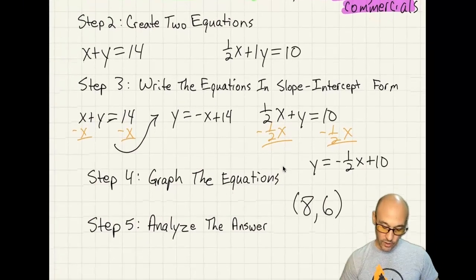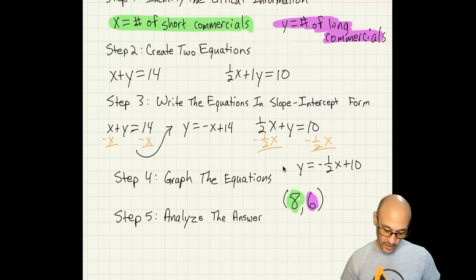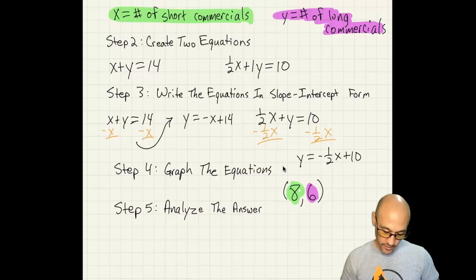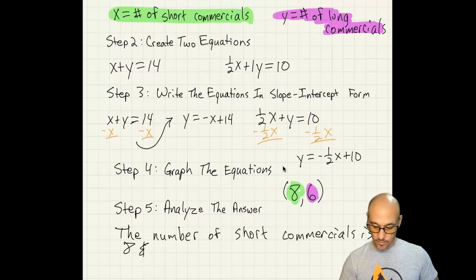So if I use the highlighting here, x is 8, y is 6, that tells me that the number of short commercials is 8, and, well, I'm writing everything out, so I should write out and.